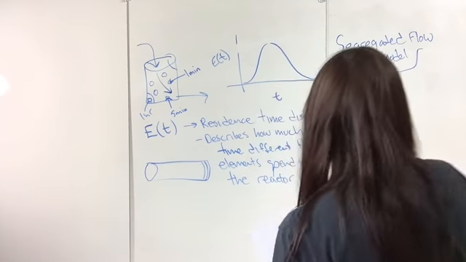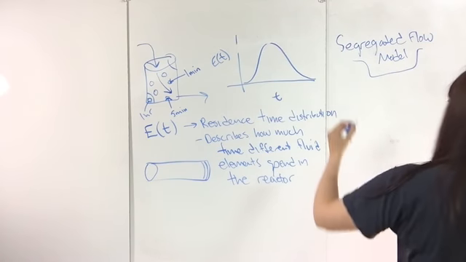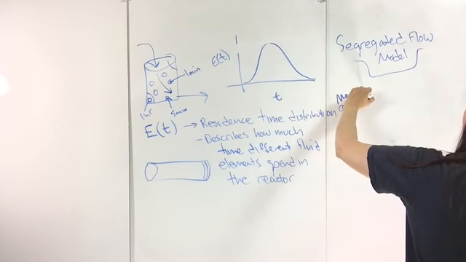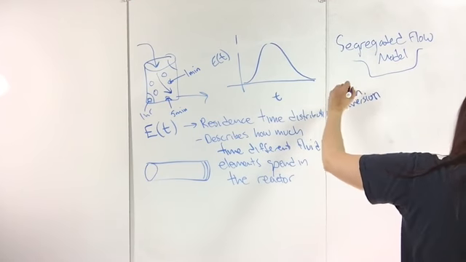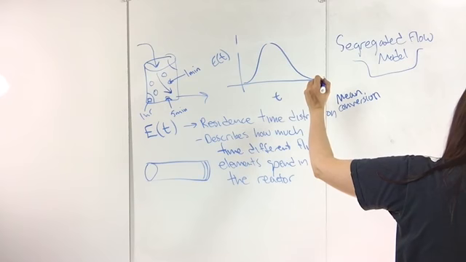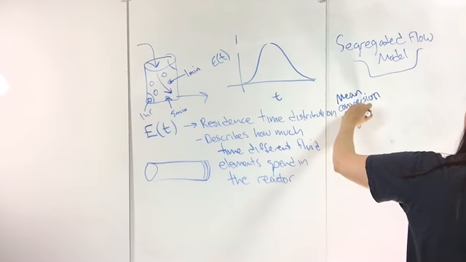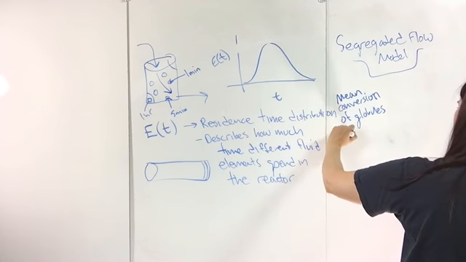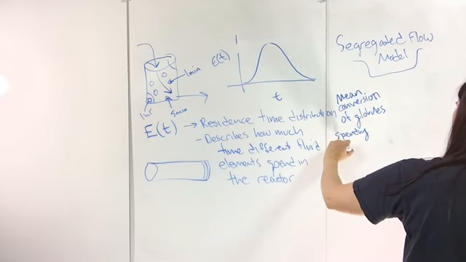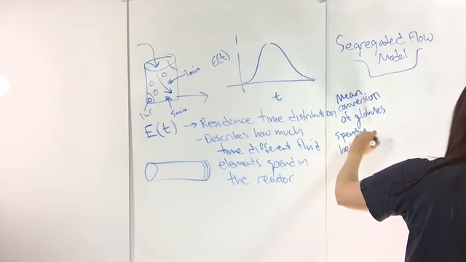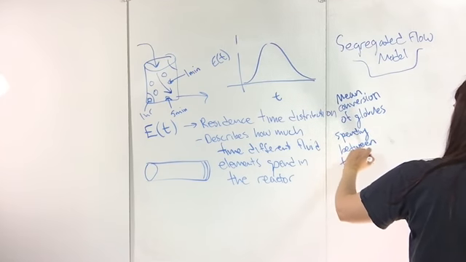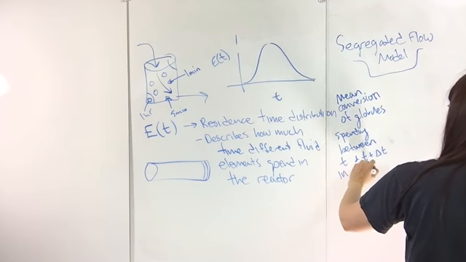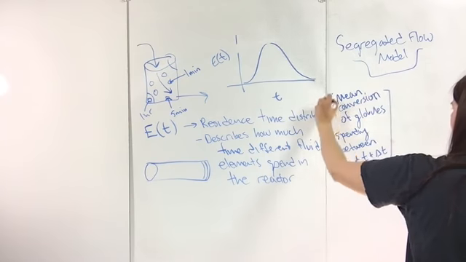Then what you can do with this model is take the mean conversion of globules spending between t and t plus delta t in the reactor.